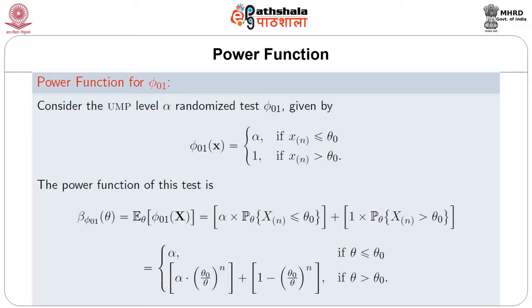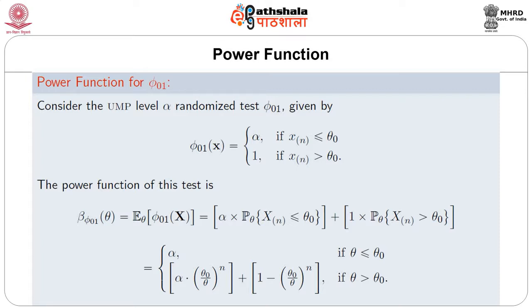Now calculate the power function. The expected value of phi naught 1 under theta is the value times the corresponding probability. So alpha into the probability under theta that x order n is less than or equal to theta naught, plus 1 into the corresponding probability that x order n is greater than theta naught. Now how can you calculate the probability that x order n is less than or equal to theta naught? You see here, if theta is less than theta naught, then definitely the probability that x order n is greater than theta naught is 0.